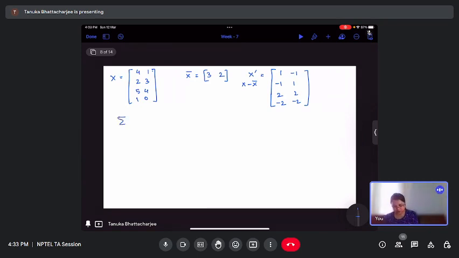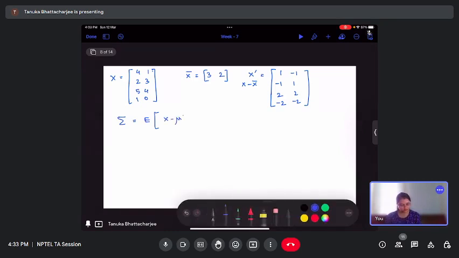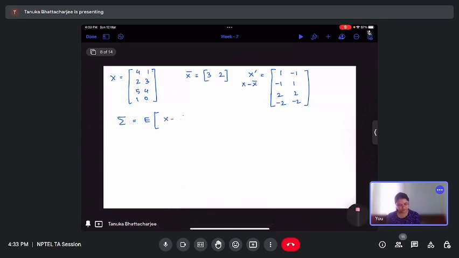Now what is the formula for your covariance? Your covariance is basically the expectation of x minus x bar times x minus x bar transpose. This is the general formula for your covariance matrix.